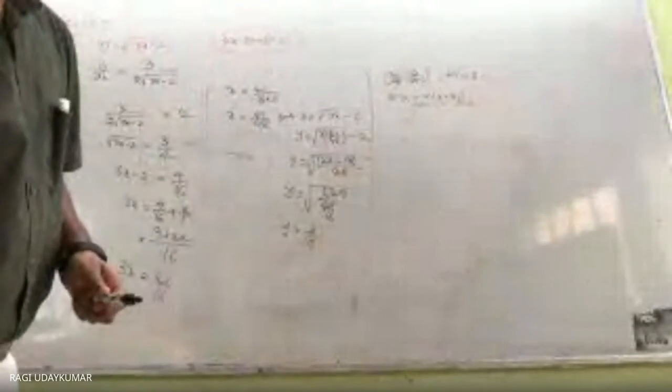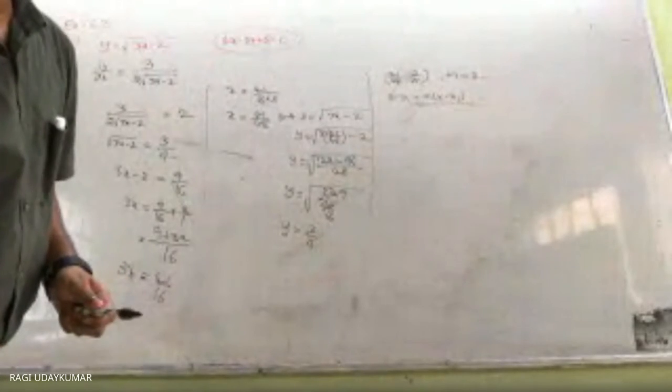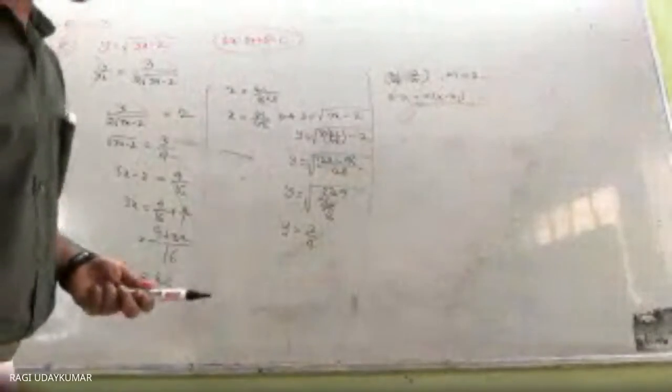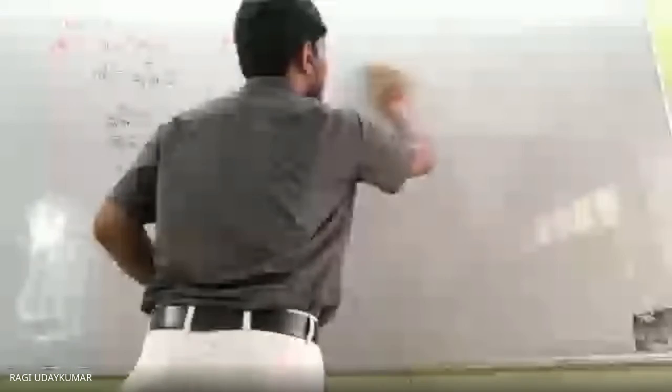Okay. Next, the 26th one. The slope of the normal to the curve at x equal to 0 is very simple here. What is the curve given to you? y equal to 2x square plus 3 sin x is given to you.